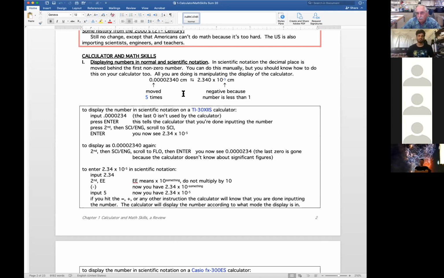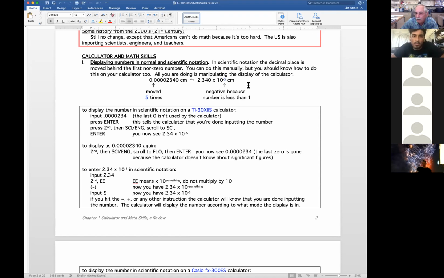Oftentimes, I prefer true-false. And those are all the things that there's no real mathematical answer to. So for example, I could say, this number right here has four significant figures, and the answer would be yes or no, true or false.